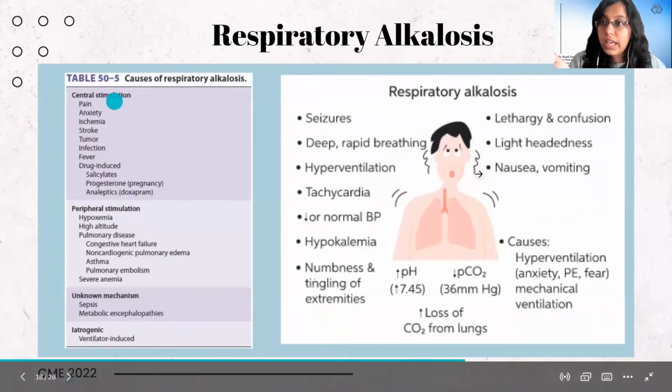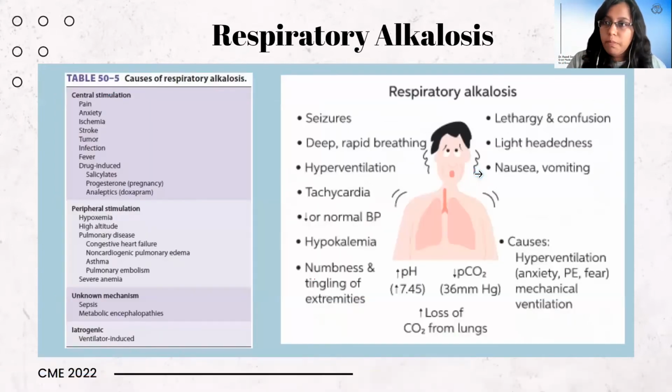Respiratory alkalosis. Now the exact opposite. When you're breathing too much, you have too much hyperventilation, you're washing out your CO2. You've thrown all the CO2 out of the body, there is no acid, the base has increased, too much base. So what will be the causes? Anxiety. Patients will come to you with chronic anxiety disorder, in panic, severe hyperventilation.